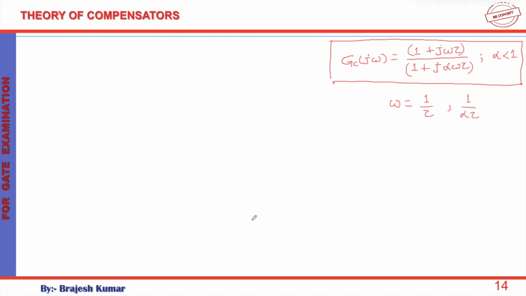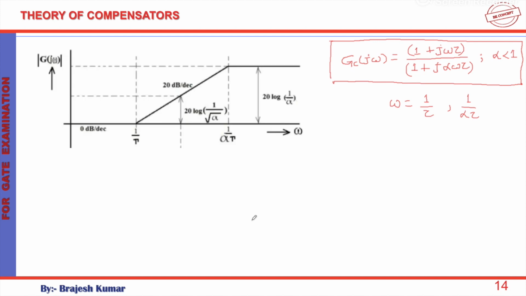So if we plot it, it will look something like this. Here we have one corner frequency 1 upon tau, and the second is 1 upon alpha tau, and following the basic rules to draw the Bode plot, you will have a Bode plot like this. And here, although it is written as omega, it is basically log base 10 of omega.